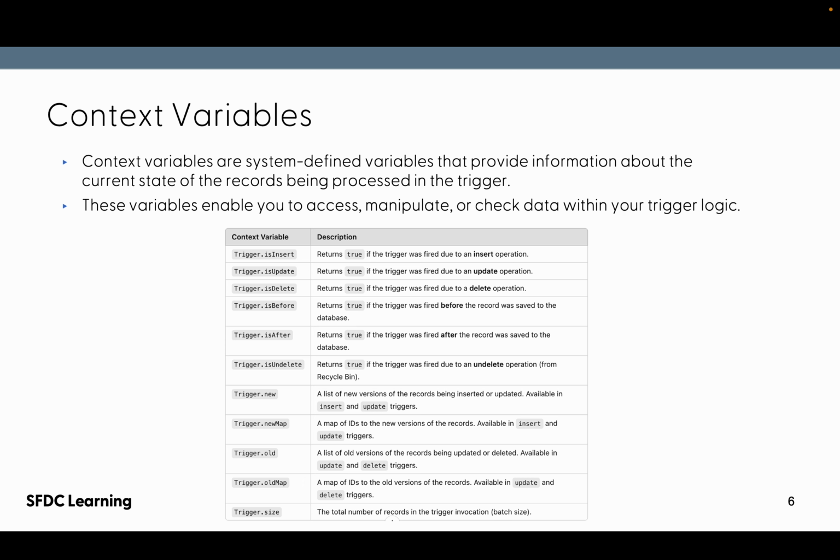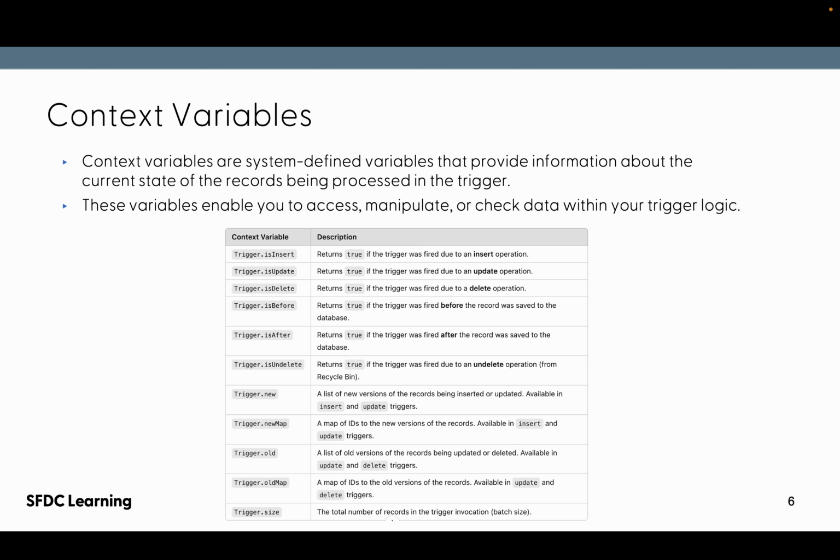Trigger.isBefore if the trigger was fired before the record was saved to the database, isAfter will determine if the trigger was fired after the record was saved to the database. Similarly, Trigger.isUndelete is there for checking the undelete operation, which is like undeleting a record from the recycle bin, right?